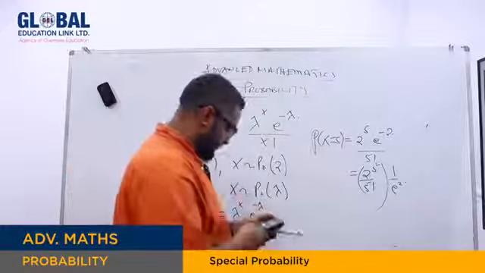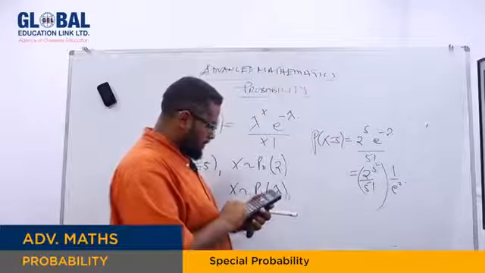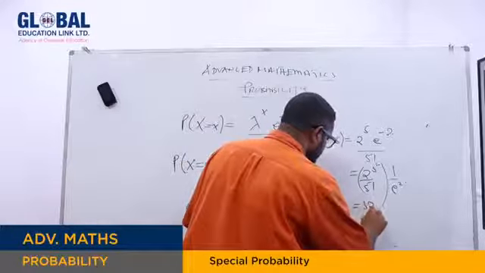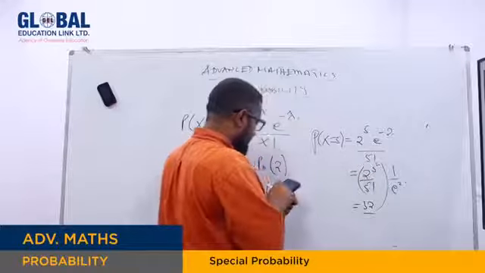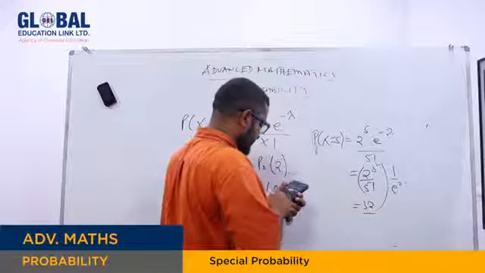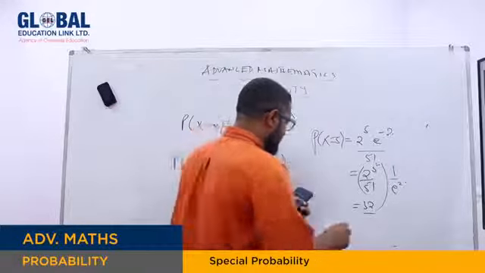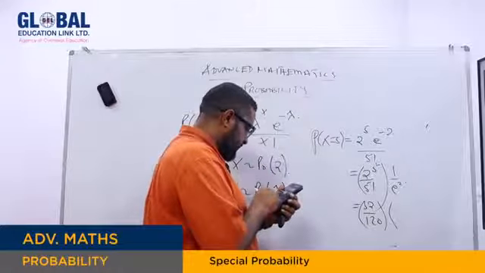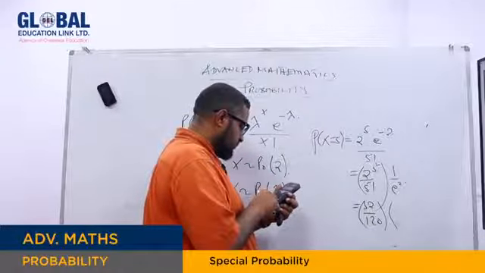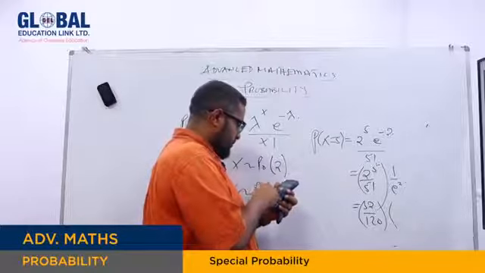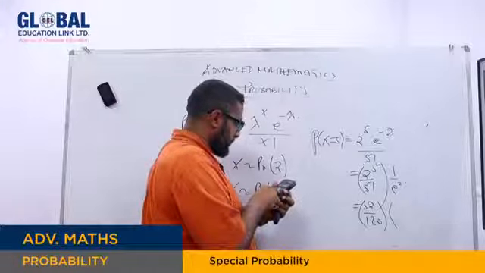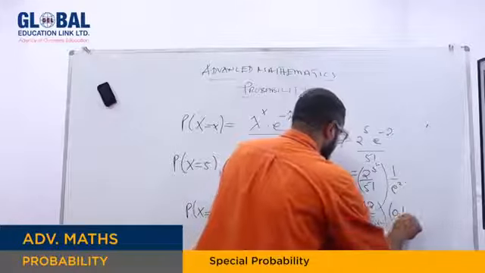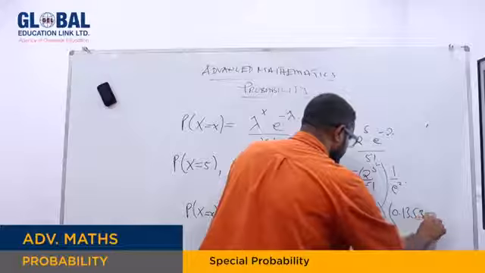So when using calculator, 2 power 5 is 32 divided by 5 factorial. 5 factorial is 120 times 1 over e square. 1 over e square is 0.13534.